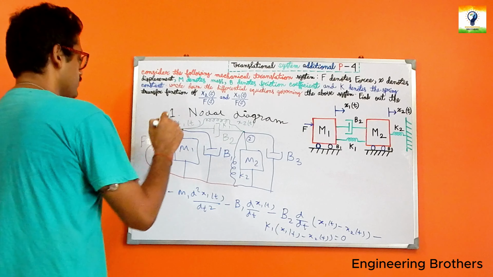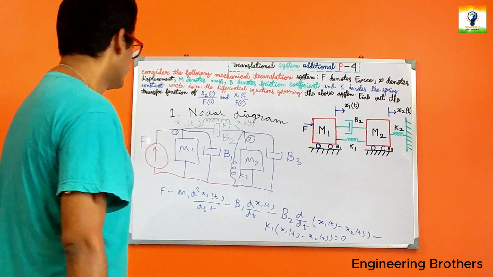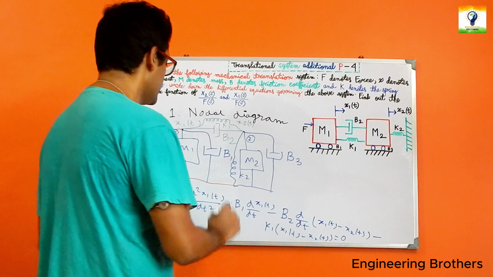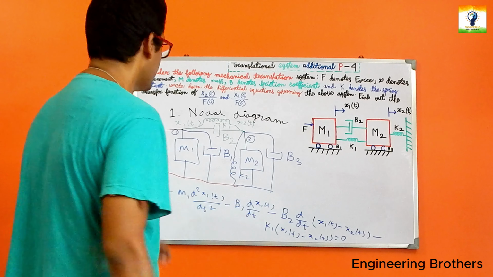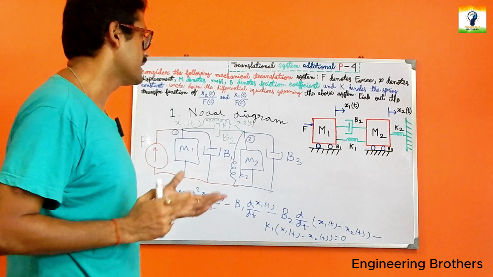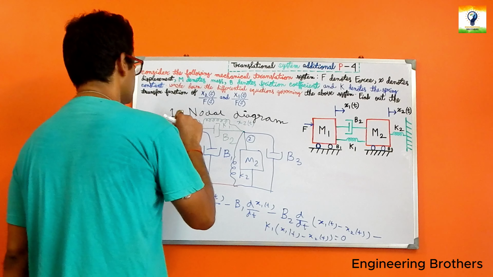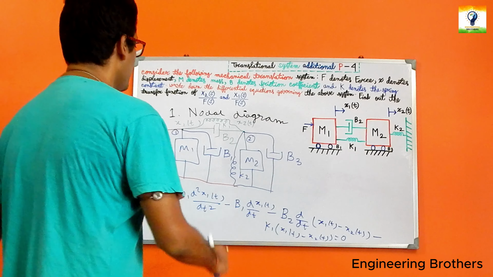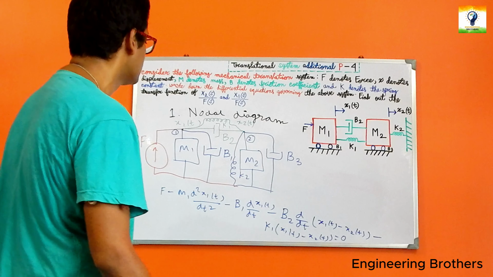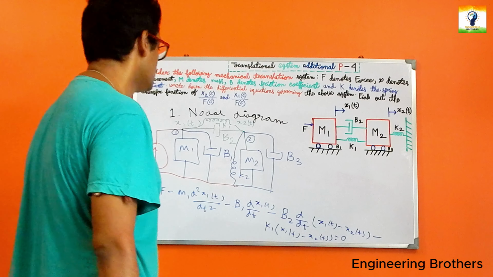Now, applying the D'Alembert principle on node 1, we have got this first differential governing equation: the applied force minus all these resistive forces, which are M1 d2x1(t)/dt2 minus b1 d/dt of x1(t) minus, as you can see, these two elements b2 and k1 are placed between x1(t) and x2(t). Since we are applying the D'Alembert principle at node 1, x1(t) is greater than x2(t), which is reflected in our equation: minus b2 d/dt of (x1(t) minus x2(t)) minus k1 (x1(t) minus x2(t)), which ultimately becomes 0.